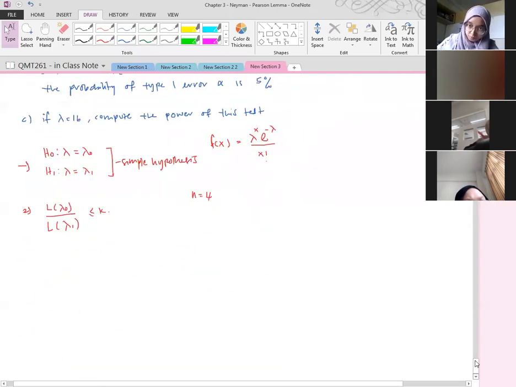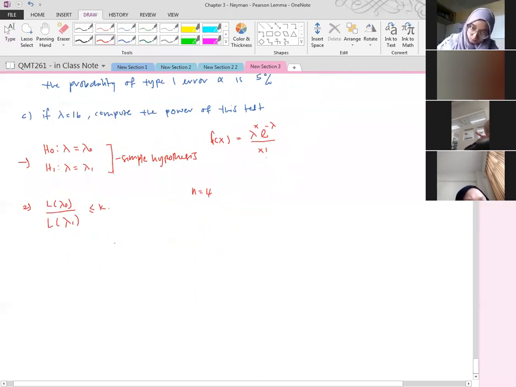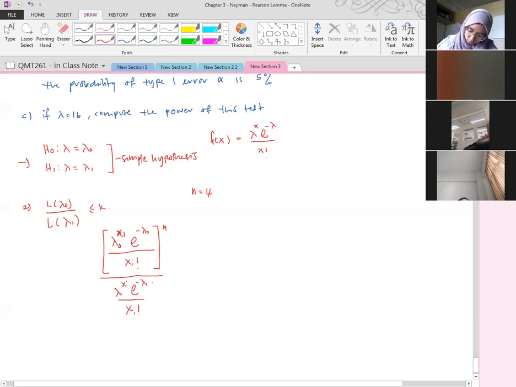The likelihood function for lambda naught is lambda naught to the power of xi and exponential negative lambda naught divided by xi factorial, to the power of n, divided by lambda 1 to the power of xi exponential negative lambda 1 divided by xi factorial, to the power of n, less than or equal to k.